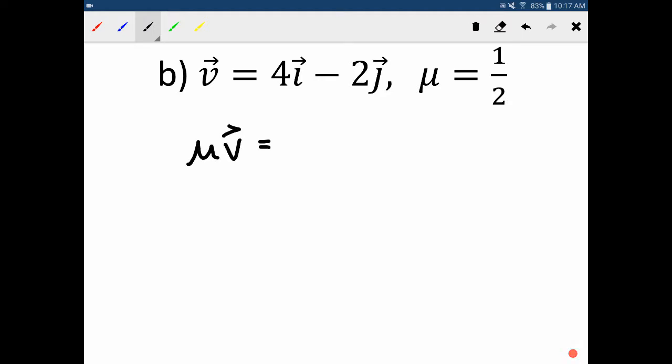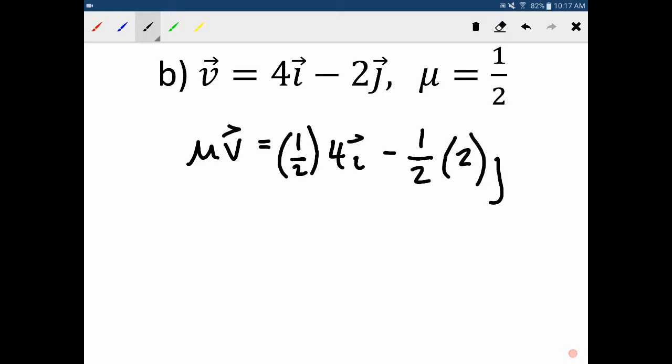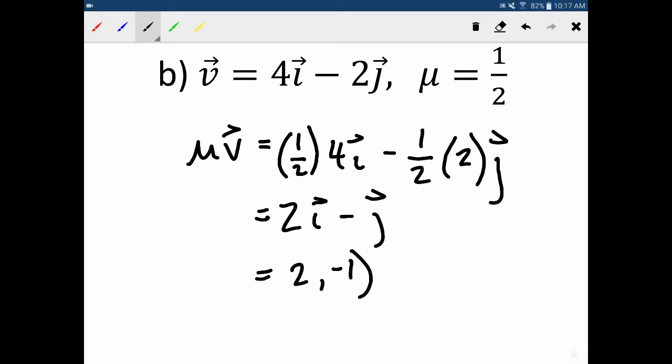I'll do this one starting with 1/2 times 4i minus 1/2 times 2j. So this will give us 2i minus j, which is the same as (2, negative 1). Okay, and there you go.